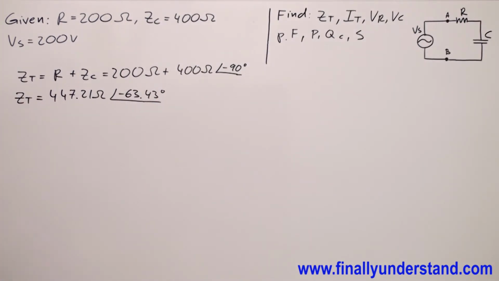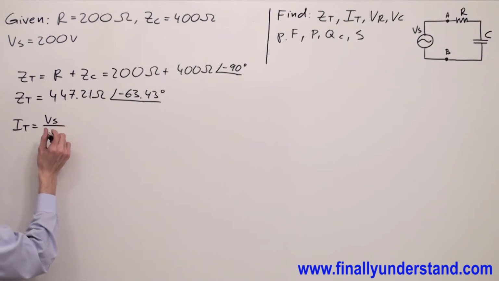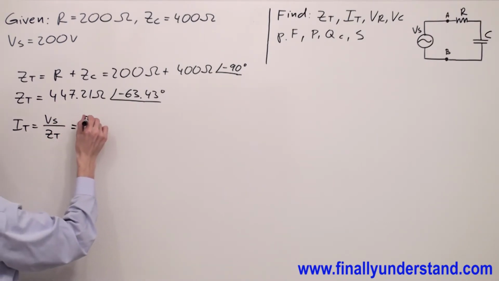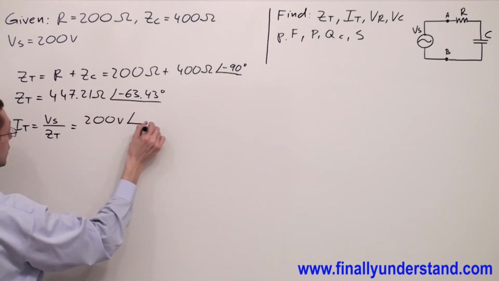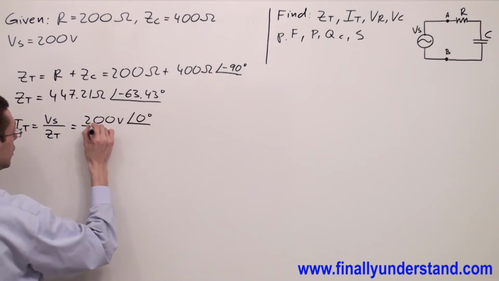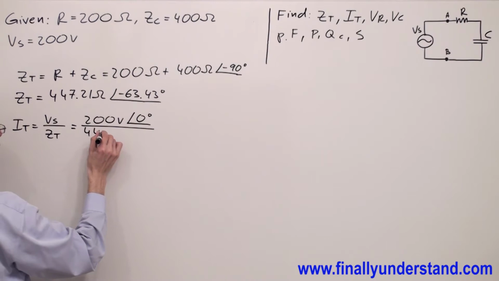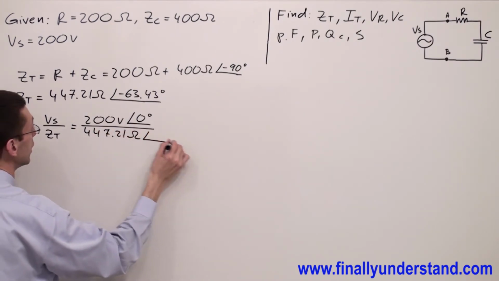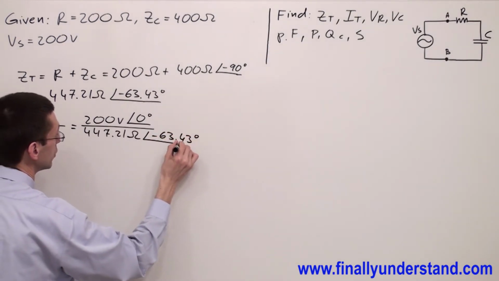In order to find I total, I'm going to use Ohm's law. I total is equal to voltage source over Z total, where voltage source is equal to 200 volts, and if the angle is not given, the angle is 0 degrees, over Z total, which is equal to 447.21 ohms, and angle of negative 63.43 degrees.